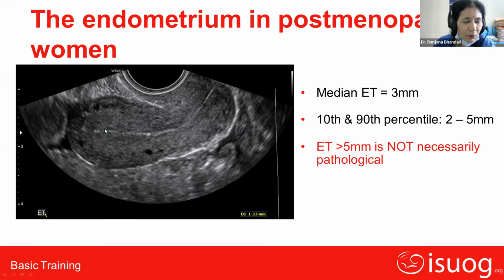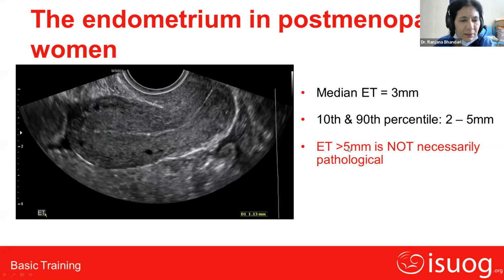So the endometrium, only the basal layer, is very, very thin. If the thickness is more than 5, but in some studies they show it is 4, a cutoff level of 4 or 5 should be taken to describe postmenopausal thickness.